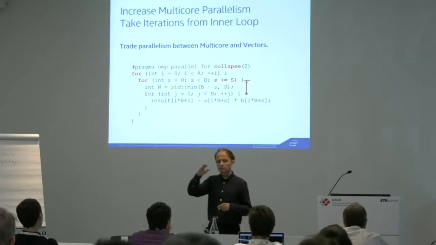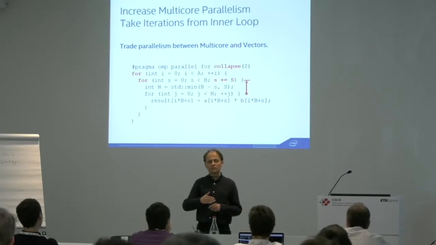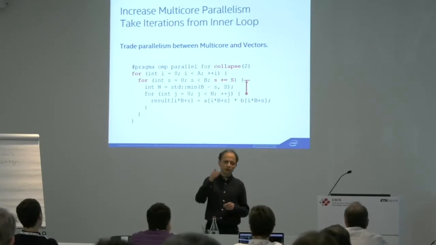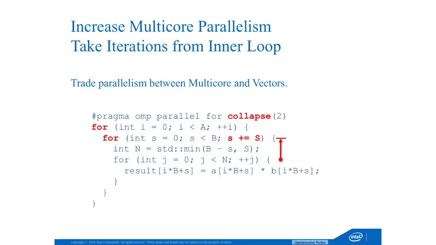You could actually trade parallelization between multi-core parallelization and vectorization if you wanted. I don't know if this is really inspiring, but you could extract some loops out of this inner loop and push it into the outer loop or make that loop range larger, right? The reason is if this is a small value, A is 4, but you have 64 cores, not 4, right?